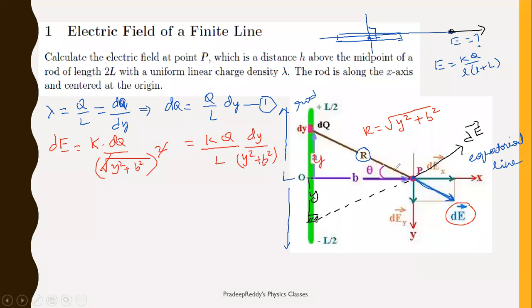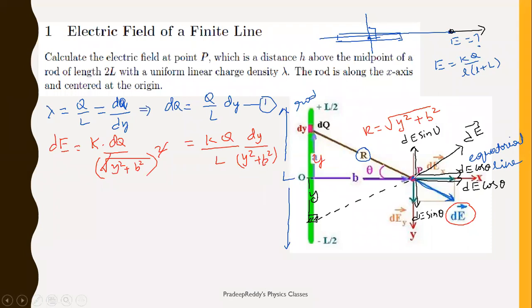dE, this angle is theta. dE can be resolved into a component along the x-axis, that is dE cos theta, and along the y direction it is dE sin theta. Because of this dE, along the x-axis it has dE cos theta, and along the y direction it will be dE sin theta.